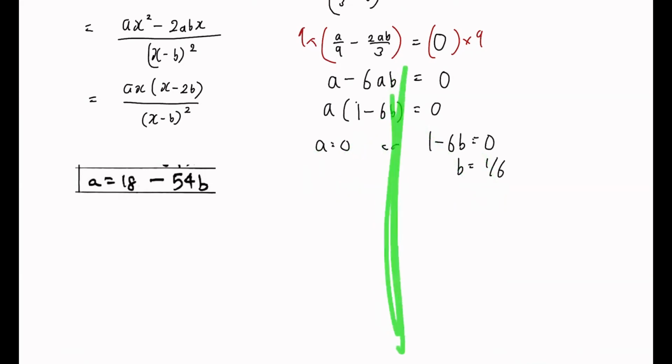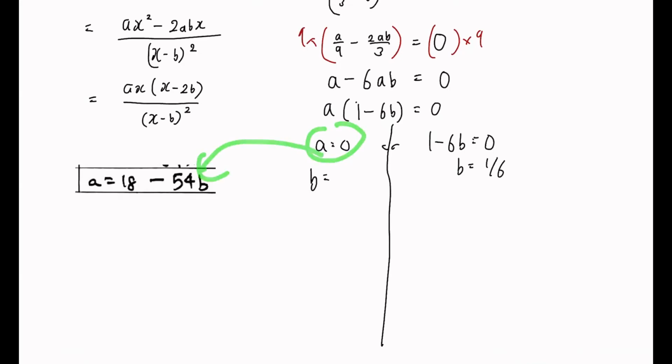So let's deal with the case where A equals 0 first. Then what's the corresponding B value? We have an equation relating A to B. B will be 18 divided by 54. Hold on a second. No. Let's make B the subject.